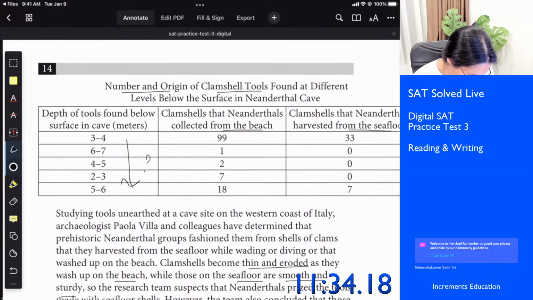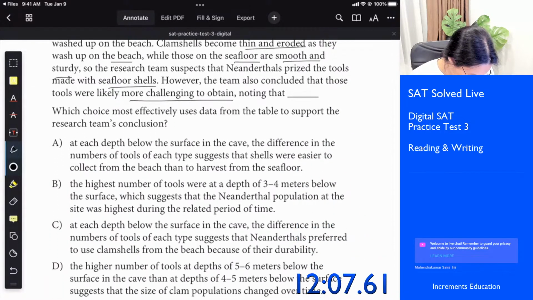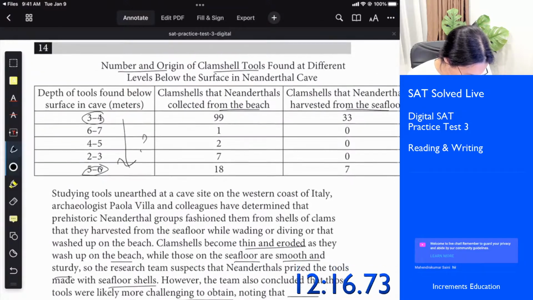Okay, seafloor ones are harder to obtain because they're all 5 to 6 or 3 to 4. They're hard to obtain, the seafloor ones.